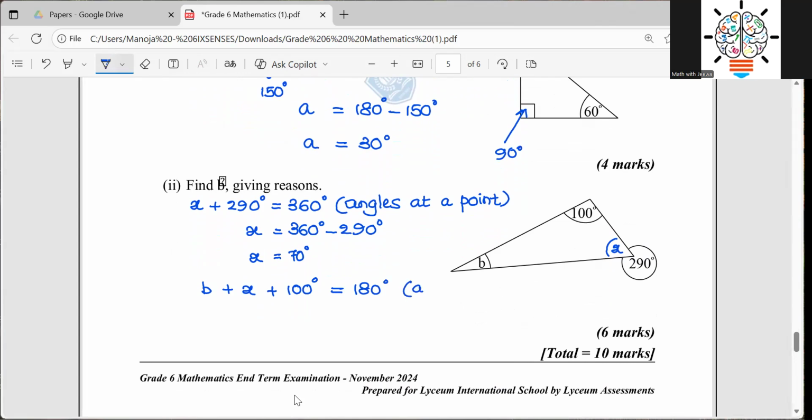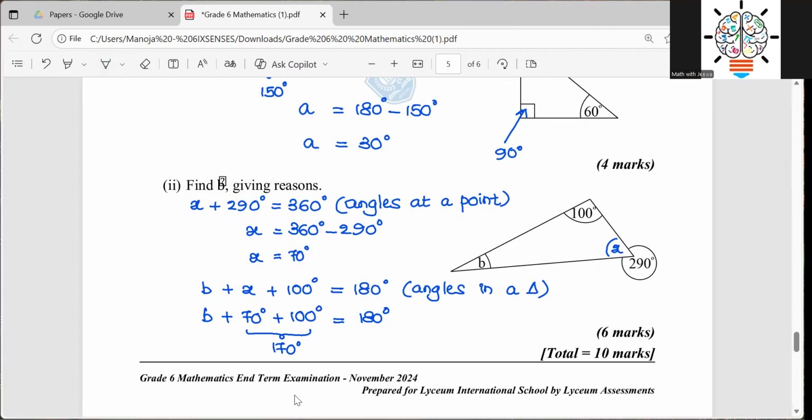So what is the theory behind this? Angles in a triangle, right? So then we can write B plus 70 degrees plus 100 equal to 180. 70 and 100 is 170 degrees.